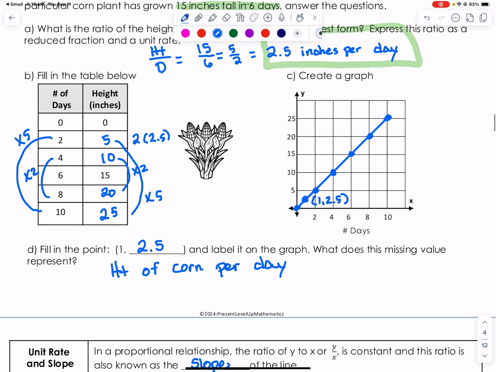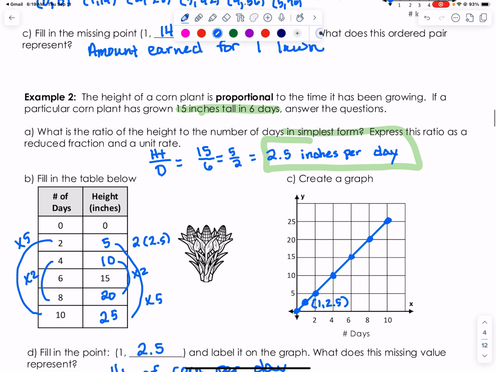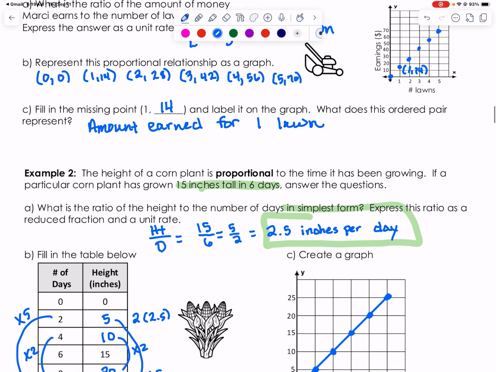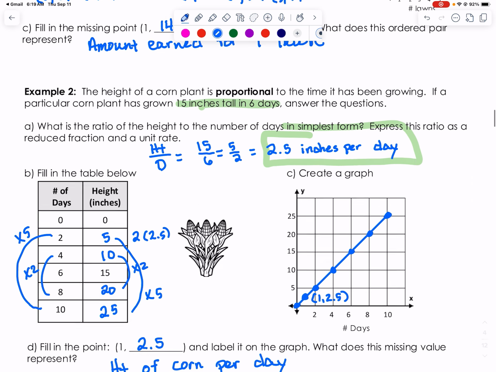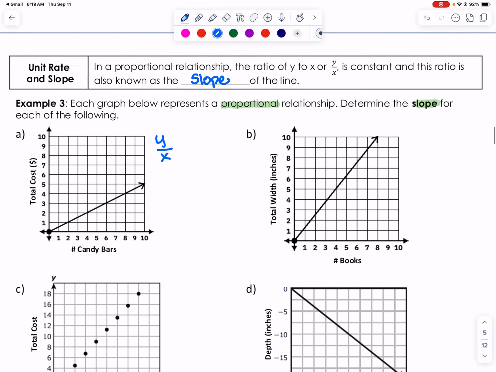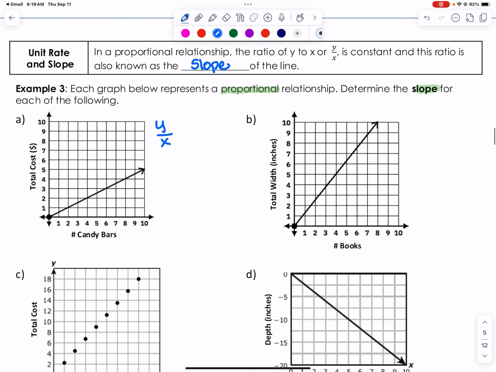And that's exactly what we were doing back here, where we found the ratio of the height to the number of days, or the ratio of the money to the number of lawns. That's all we were doing, was finding the ratio of y to x. So we've actually already been finding the slope of each line.